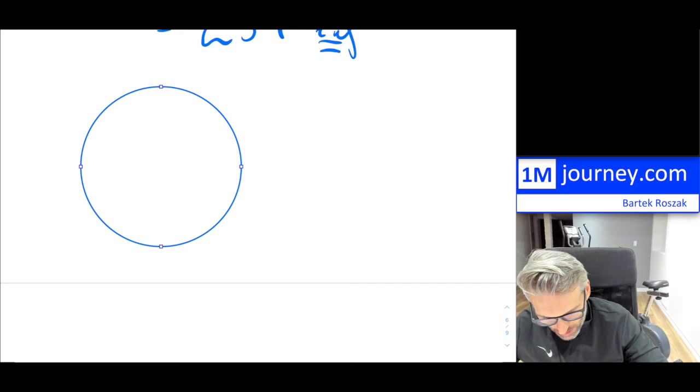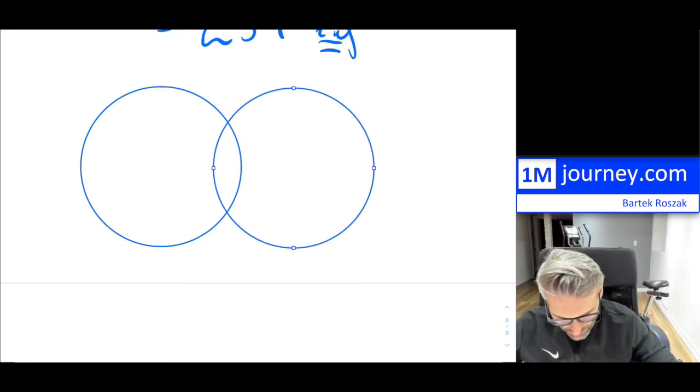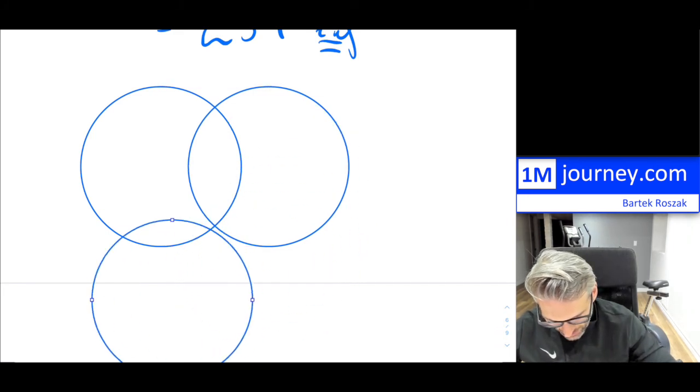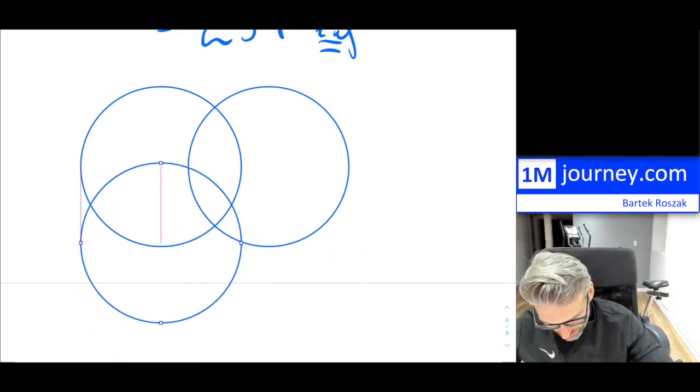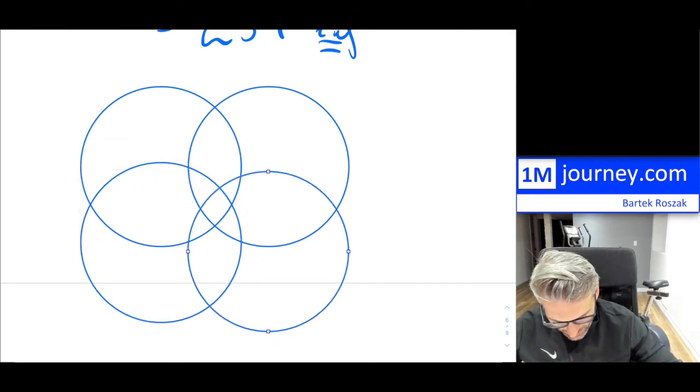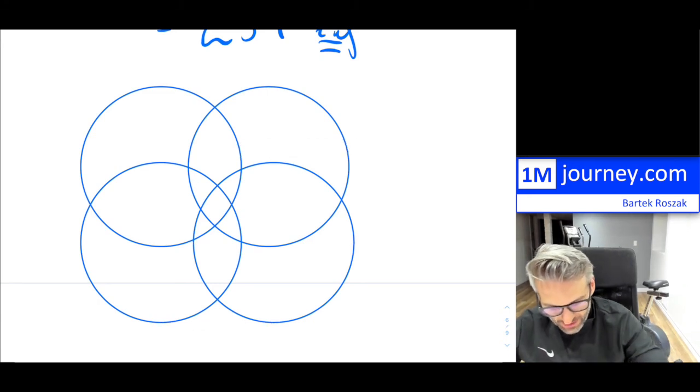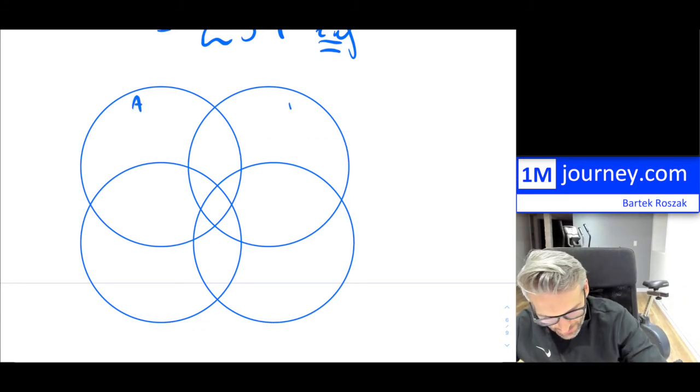So let's say you had 1. I'm going to duplicate this. Here's another one. Duplicate it again. How would you do this? You would have to do something like this. Duplicate it again, and then do something like that. Let's call these A, B, C, and D.